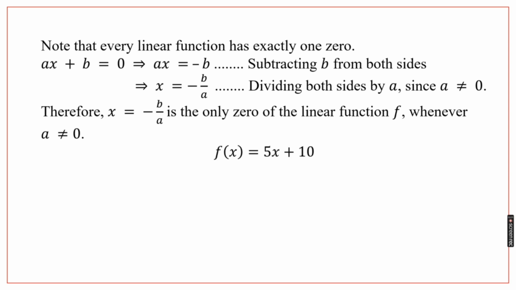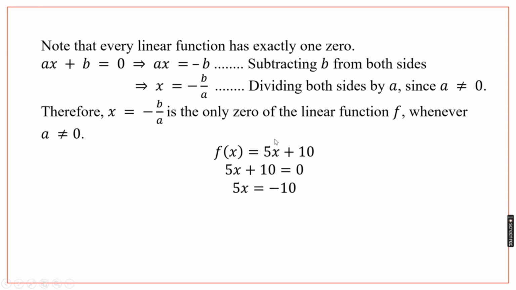For example, f of x equals 5x plus 10, where x has degree 1, which is a linear function. To find the zero of the polynomial function, f of x must be 0. Then replace f of x by 0, so 5x plus 10 equals 0.